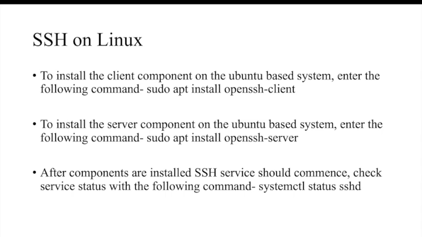SSH on Linux. To install the client component on an Ubuntu-based system, enter the following command: sudo apt install openssh-client. To install the server component on the Ubuntu-based system, enter the following command: sudo apt install openssh-server.